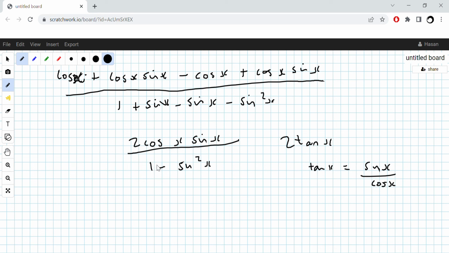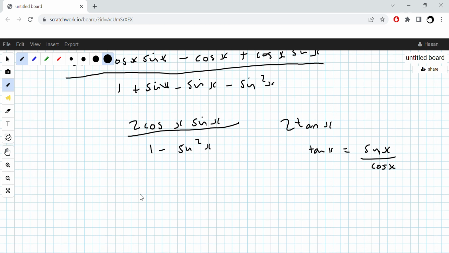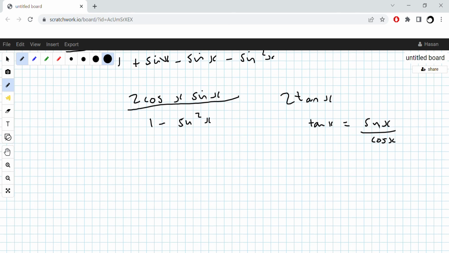We can straight away recognize that 1 minus sin squared x is the same as cos squared x. So we're going to have 2 cos x sin x over cos squared x. Cos squared x is the same as cos x times by cos x.